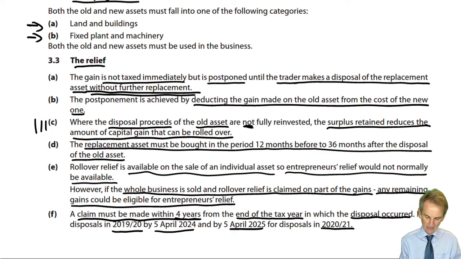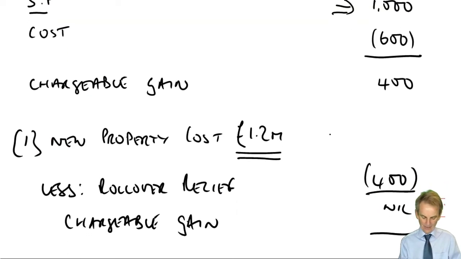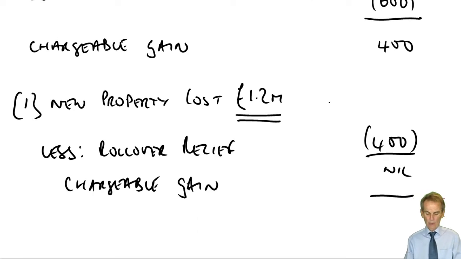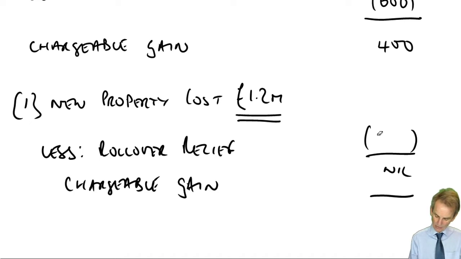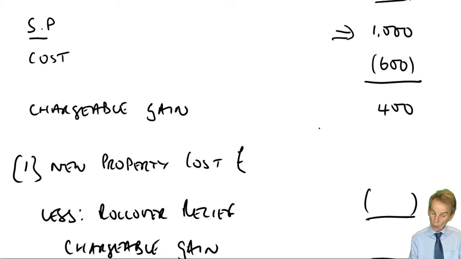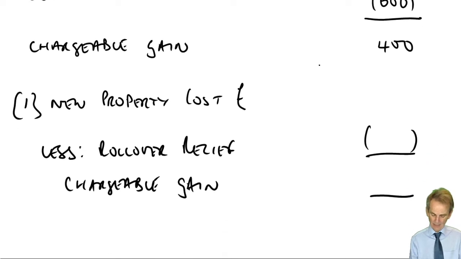So let's go back to our example. In that one, we had a new property cost of £1.2 million. Let's now change that, and with it the rollover and the amount that will be chargeable. Let's now change that to, remember, we sold for 1 million. Let's assume that the new property cost is 0.9 million.